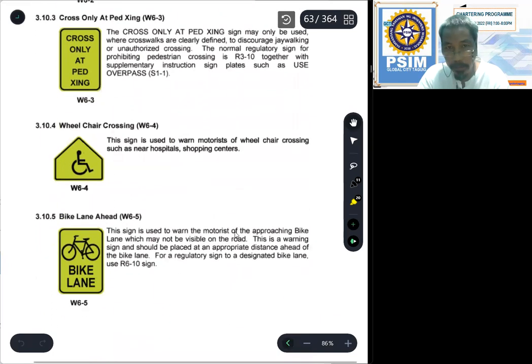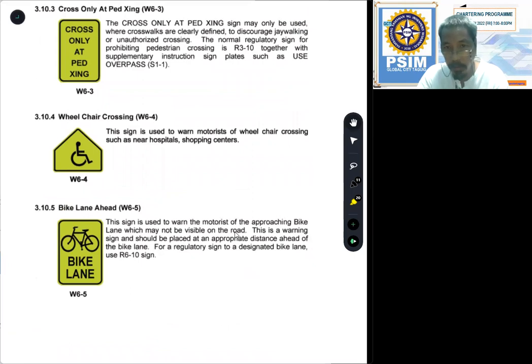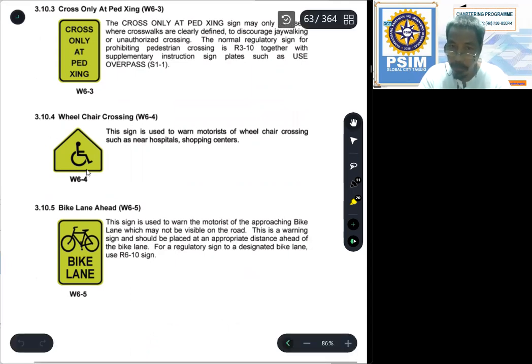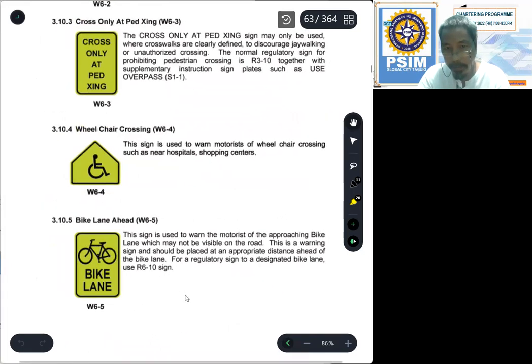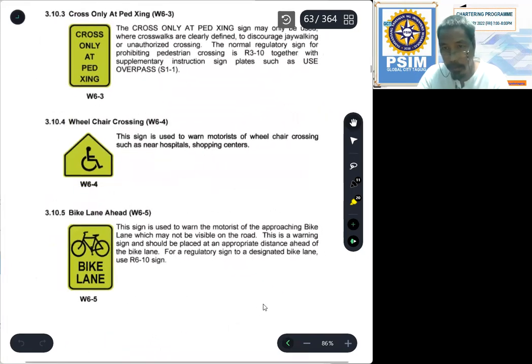Next is wheelchair crossing. This sign is used to warn motorists of wheelchair crossing such as near hospitals and shopping centers. Symbol of wheelchair. Bike lane ahead. This sign is used to warn the motorist of an approaching bike lane, which may not be visible on the road.